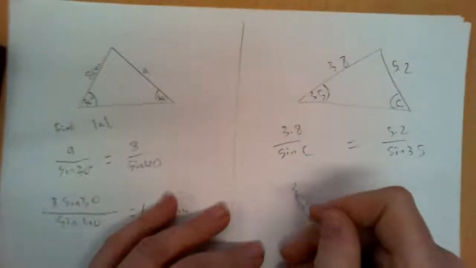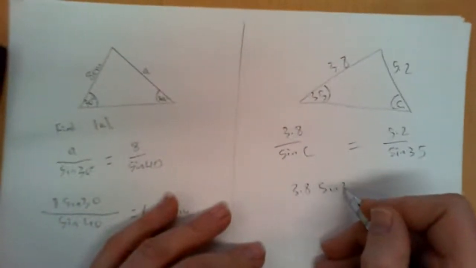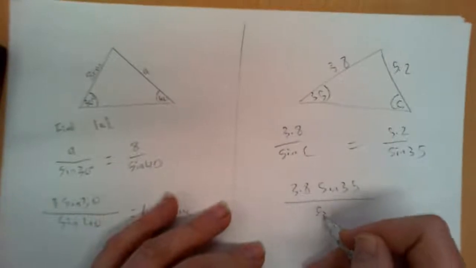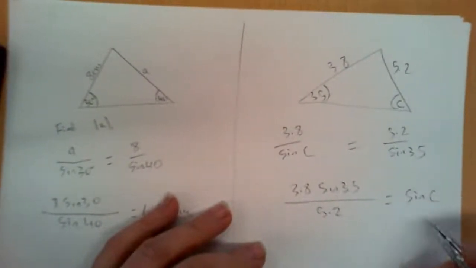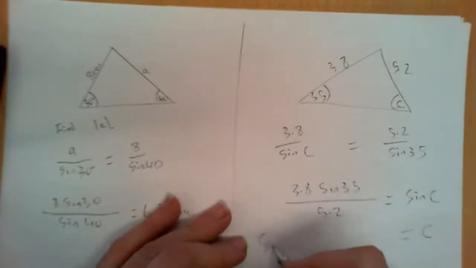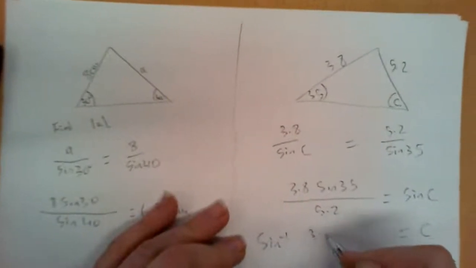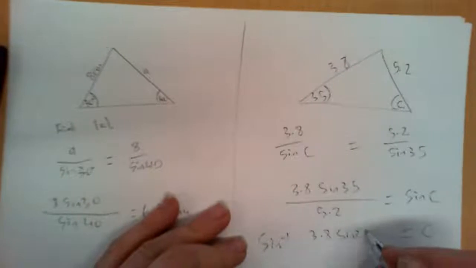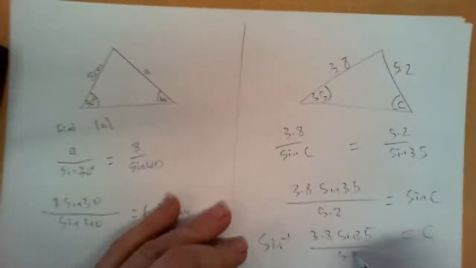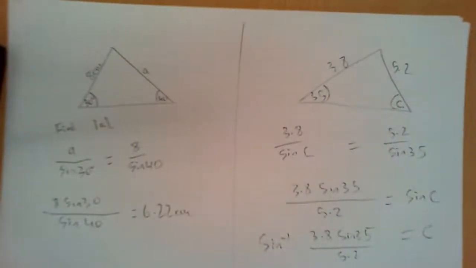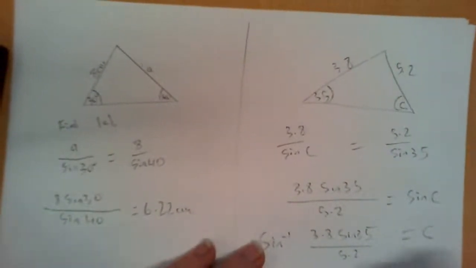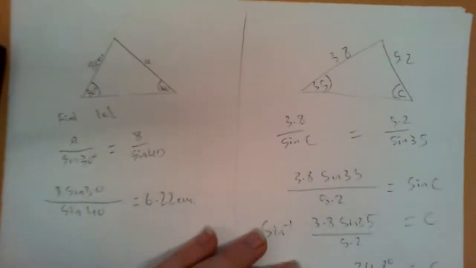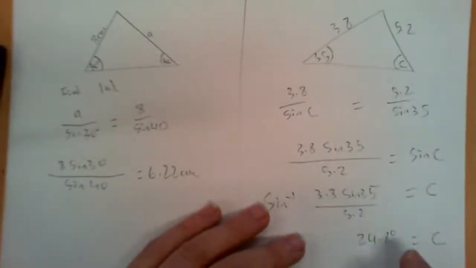Cross multiply: 3.8 times the sine of 35 divided by 5.2 is equal to the sine of C. Remember, that's the sine of C, so that means C is equal to the sine inverse of this sum. Give me a second, the calculator. Right, that's 24.8 degrees to one decimal place.